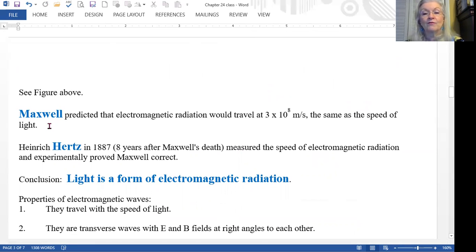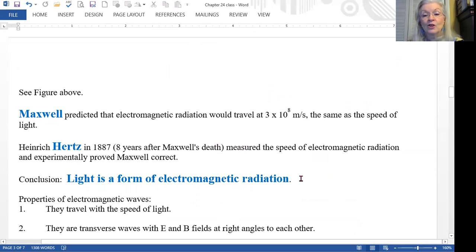You remember just a few minutes ago, we talked about that. And that is the same as the speed of light. It took Heinrich Hertz in 1887 to actually measure the speed of electromagnetic radiation and experimentally prove that Maxwell was correct.